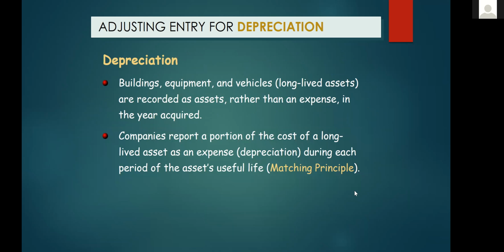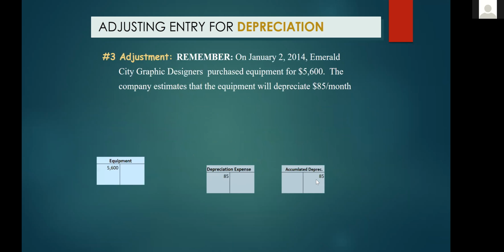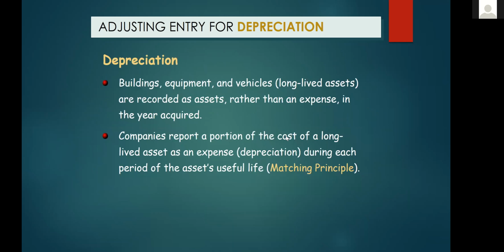Okay. All right, here's depreciation. In January, we bought a piece of equipment for $5,600 at the beginning of the month. Now, I have to tell you about depreciation. It's a funny concept. If you have an asset like a car, it will lose value the more you drive it, right?